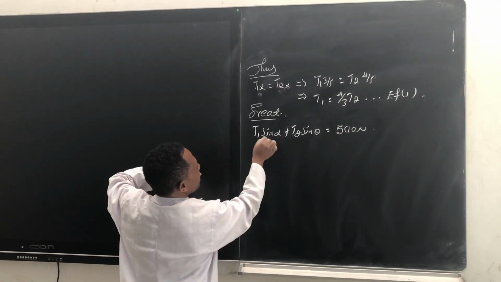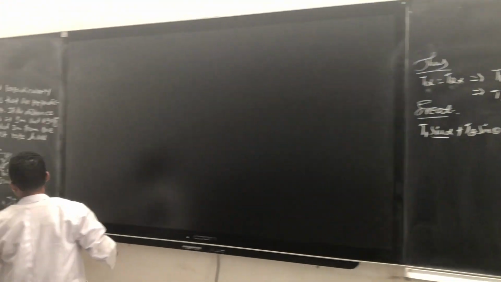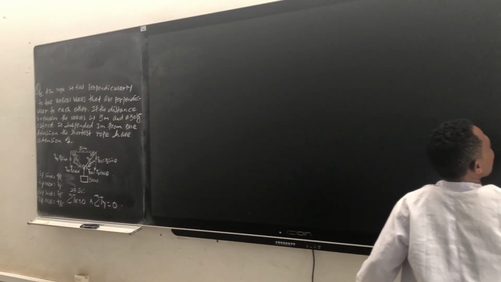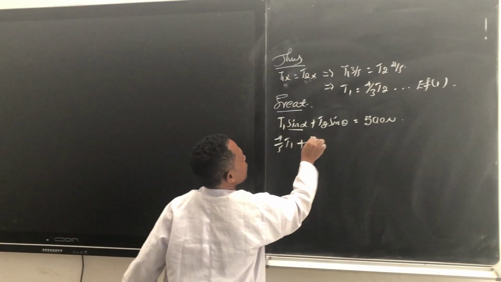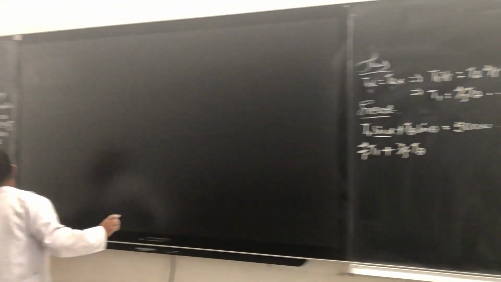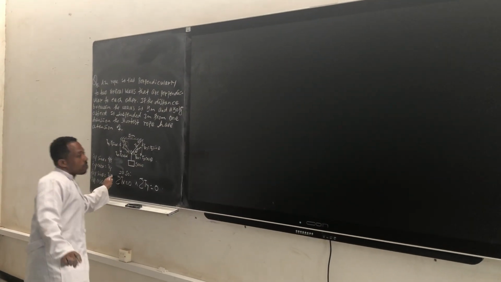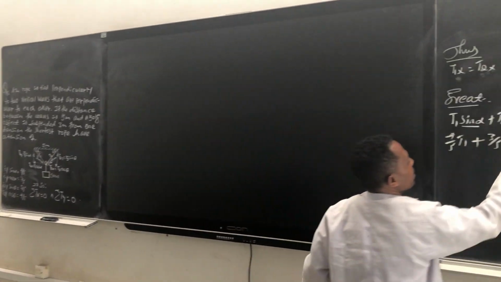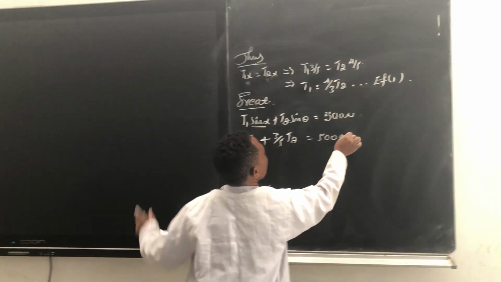But sine alpha is 4 over 5, so 4 over 5 times T1 plus 3 over 5 of T2, since sine theta is 3 over 5, is equal to 500 Newton.